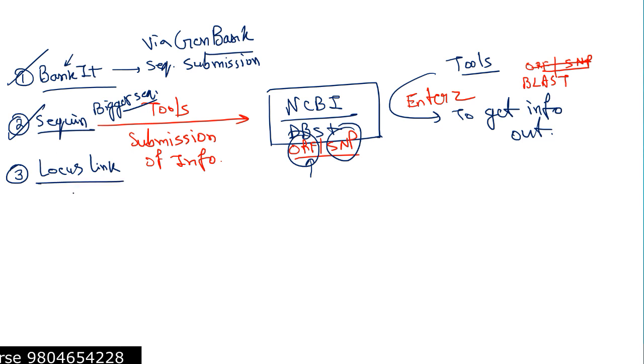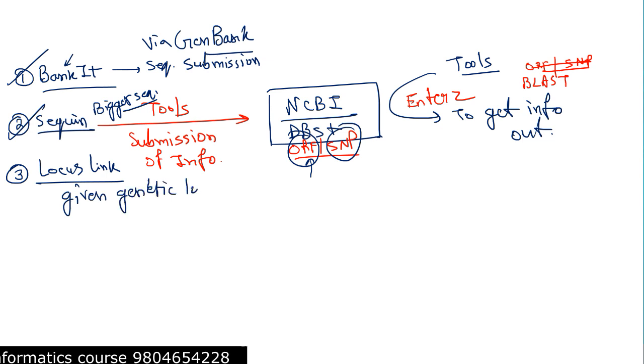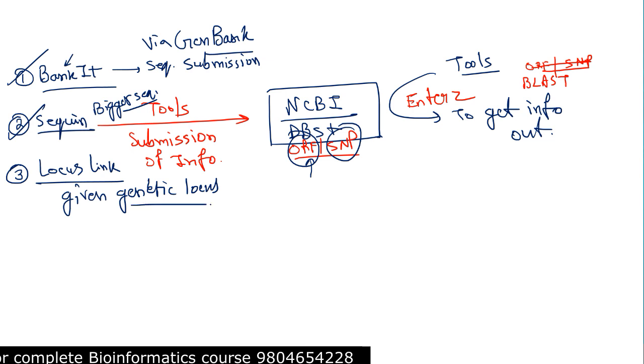Then last is LocusLink. It provides again a single query interface for a given genetic locus. A fixed genetic locus, such as, let's say, phenotypes of an organism, homology of proteins, nomenclature, locations, chromosomal map, all these things which give us information regarding a fixed genetic locus.